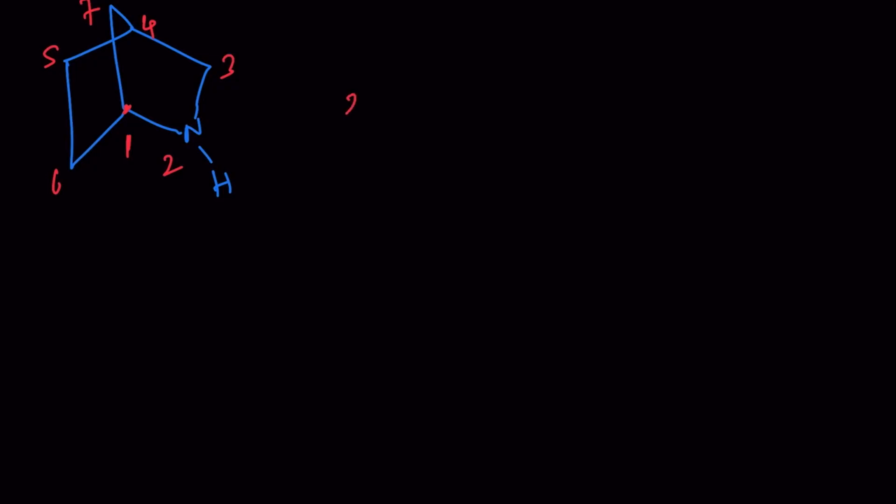Therefore the correct IUPAC name for this molecule is 2-aza, because we have a nitrogen atom at position 2. Therefore 2-azabicyclo, and then the value of X in this case is 2. We have to count the nitrogen atom as well. We cannot ignore that. That is part of our parent chain.